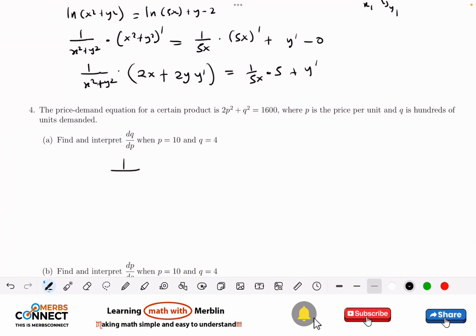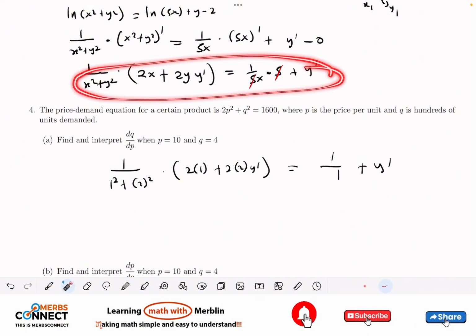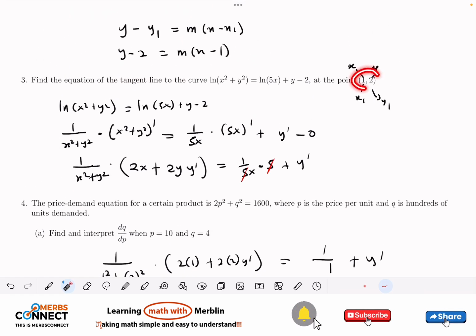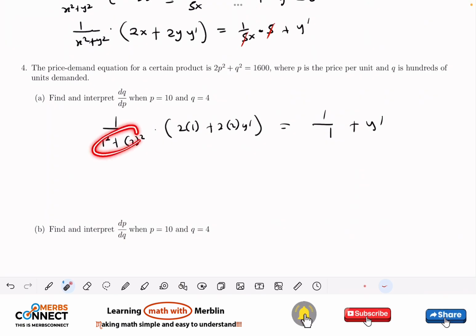So x is 1, so 1 squared plus y is 2, times 2 times 1 plus 2 times 2y prime, which is equal to, now this 5 will cancel 5, so I'm going to have 1 divided by x, which is 1, plus y prime. So I'm just using what is here. By here, x is 1, y is 2, from the information given to us here. So just do substitution here, here, here, and that.